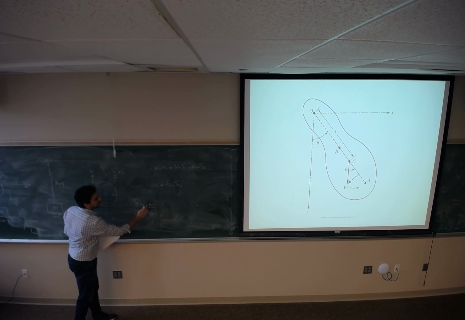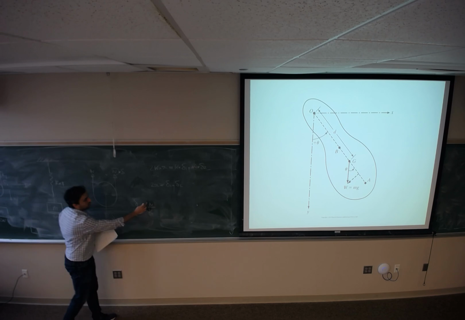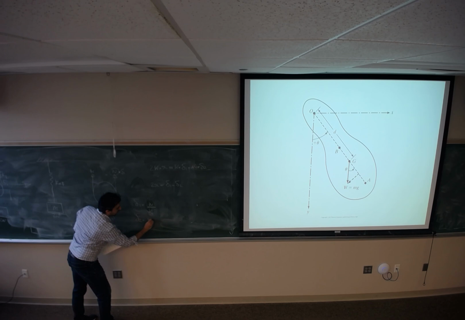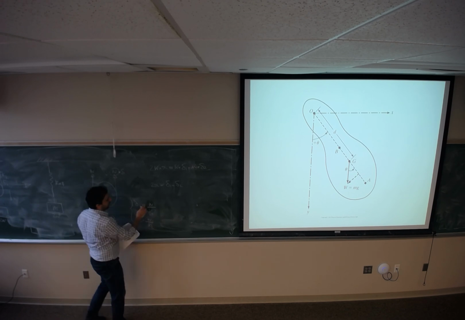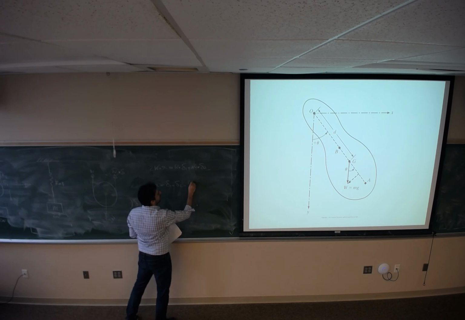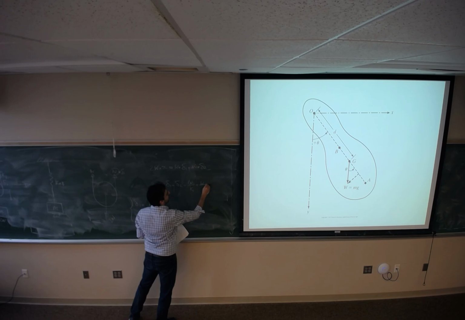Force, which is W, would be deflection times stiffness, so deflection would be force divided by stiffness. Same thing, delta 2 would be W divided by K2. I replace delta 1 and delta 2 by this one. So 2x would be W divided by K1 plus W divided by K2.